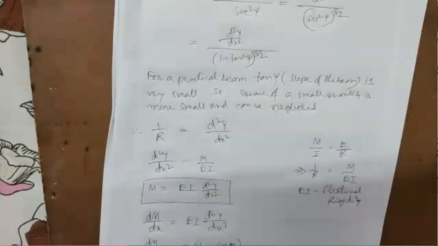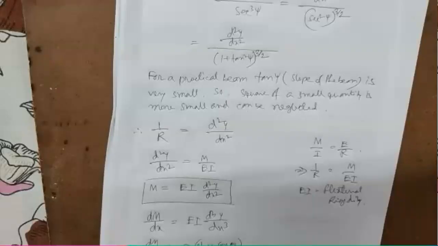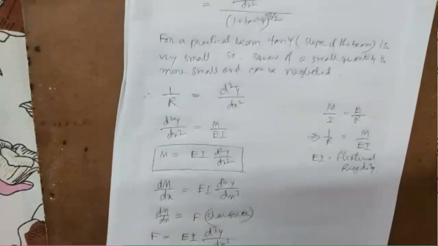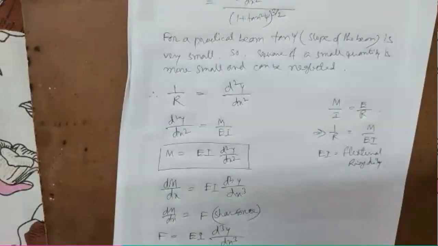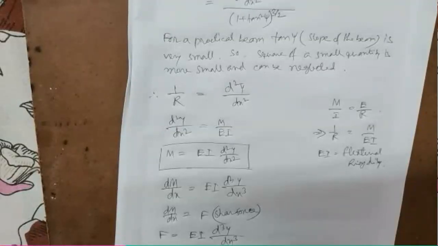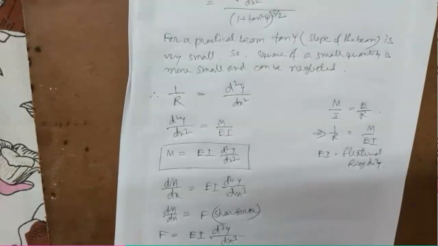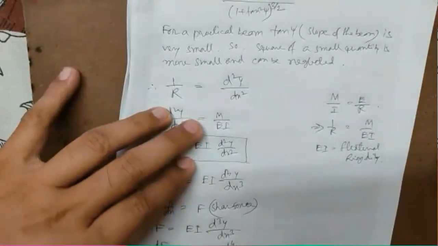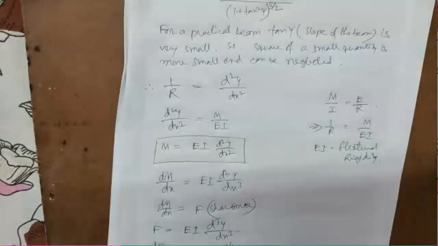So F can be written as EI d3y dx3. If we differentiate further, dF dx, where F is the shear force, then you get the loading rate. This will be EI d4y by dx4. So this dF dx is equal to the loading rate. Okay, this is how we can find out the loading rate.